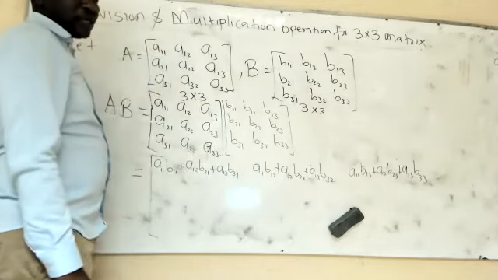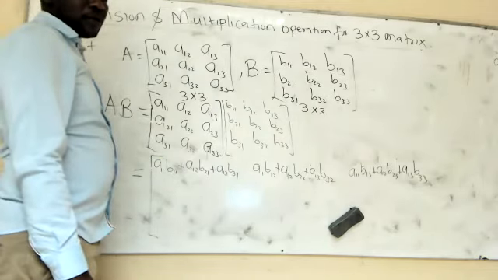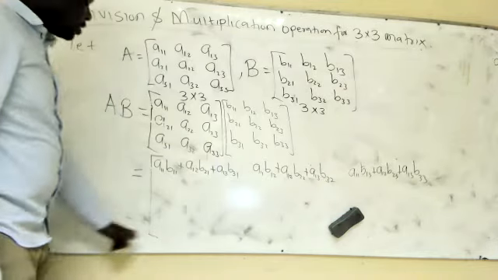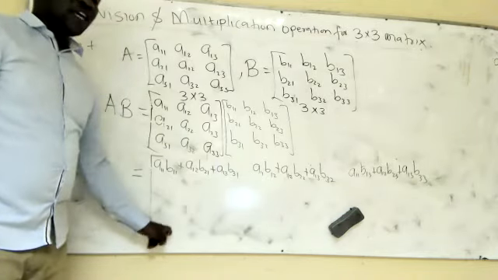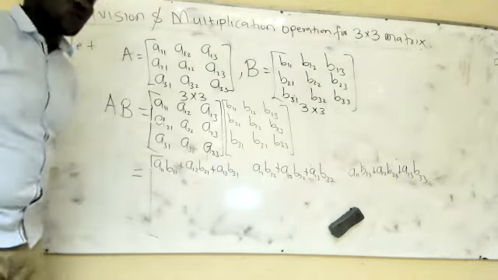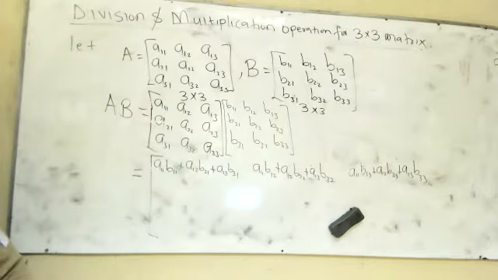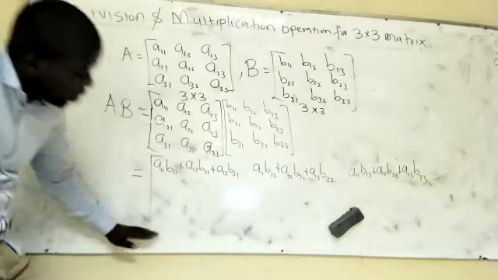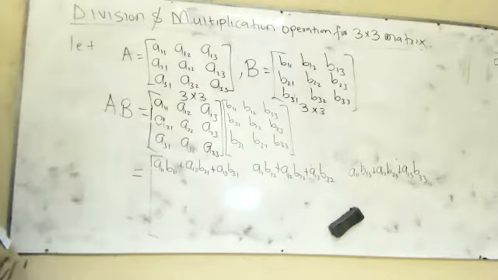Do you see the pattern? Yeah, that is how you're supposed to do it. Then now tell me, how are we going to get the first component of the third row? Which row and which column do we multiply in order to get the components on the third row?